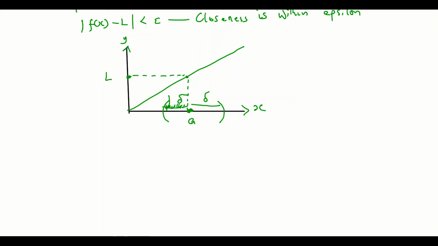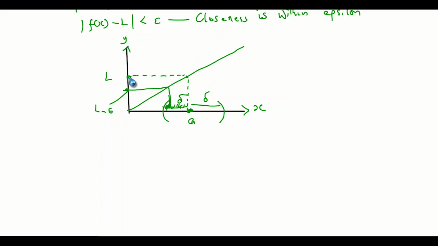If I pick a point here which is within delta, this one will come here now. You can see it will come to this one. Let's say this is the first one here, for instance. This is where we are saying that this point will be L minus epsilon, for instance.